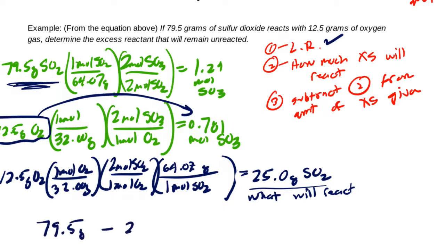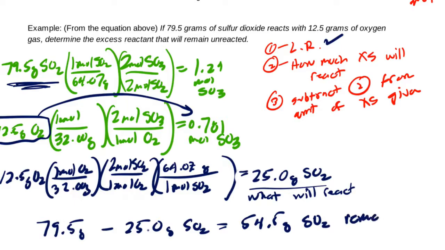So 79.5 grams minus 25.0 grams equals 54.5 grams of sulfur dioxide remain.